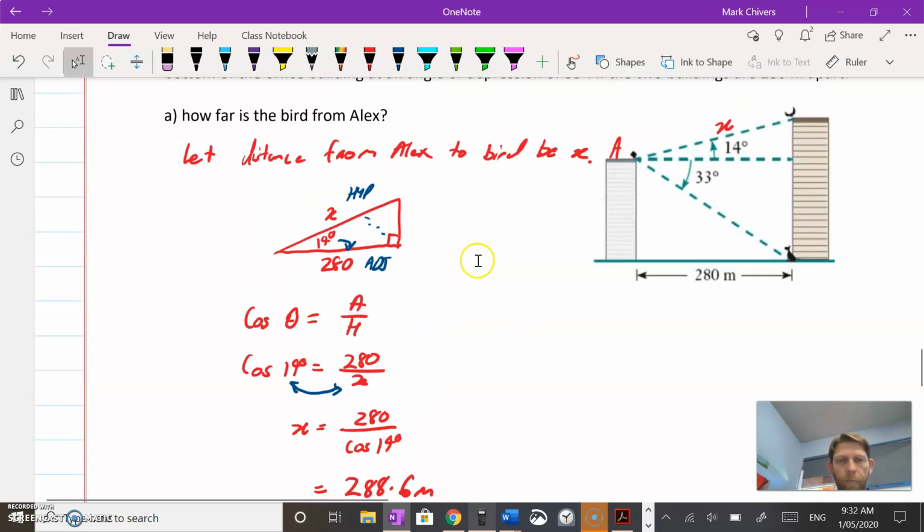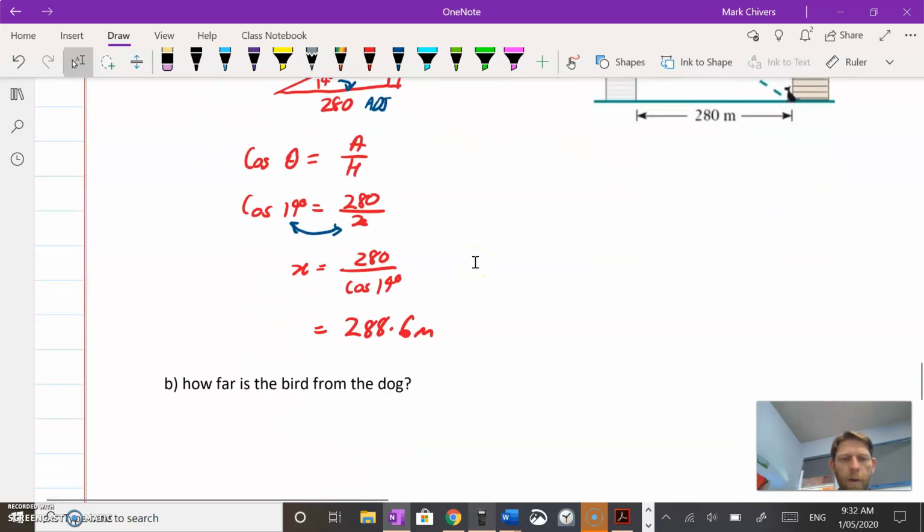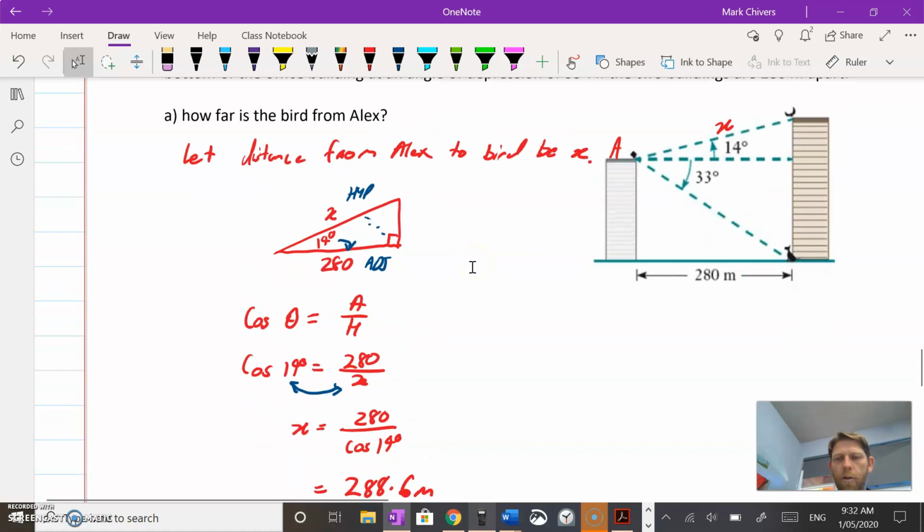Okay, so that's relatively simple, but now how far is the bird from the dog? So the bird to the dog is going to be this distance all the way down here. Now, it's probably going to be easy to break that up and say, well, let's find this distance here, and then let's find this distance here, and add them together.